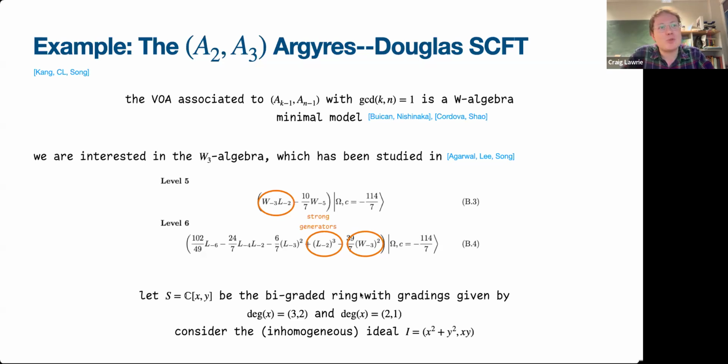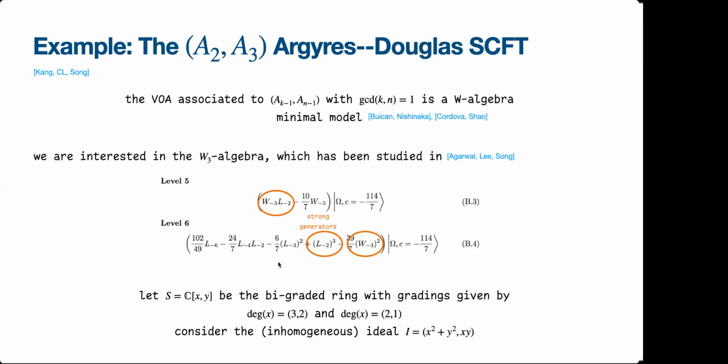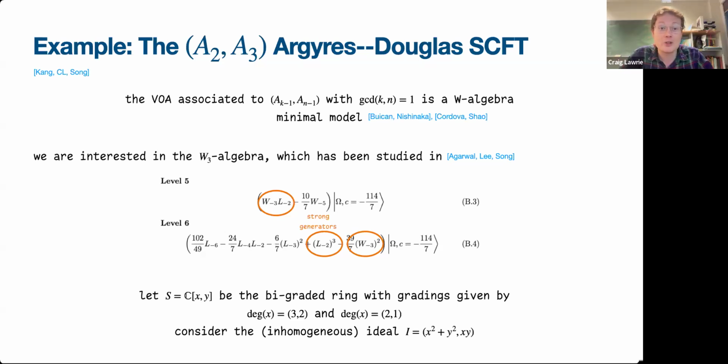What I'm doing here, where I throw away the descendant terms, is sort of like constructing Zhu's C2 algebra of this VOA. There are a bunch of different filtrations that you can put on both the VOA and the C2 algebra that you get by looking just at the null states of strong generators. It's my suspicion that the information of both gradings is contained inside some of those filtration structures on the VOA.